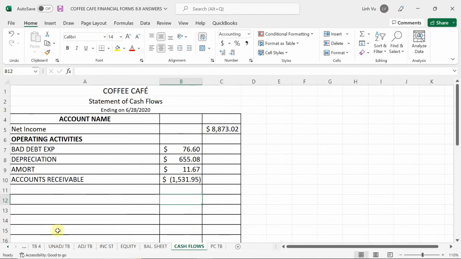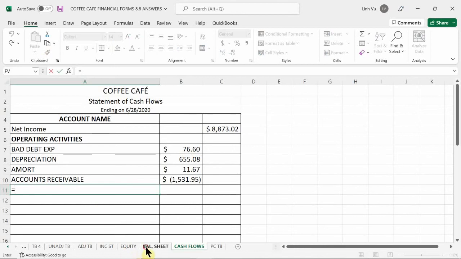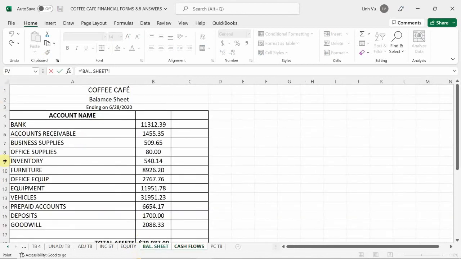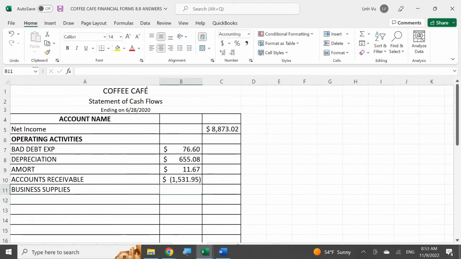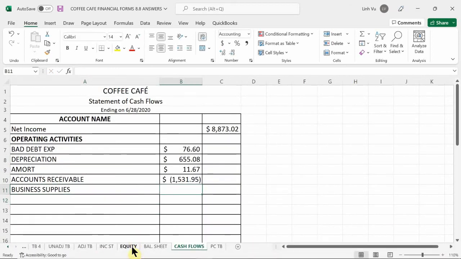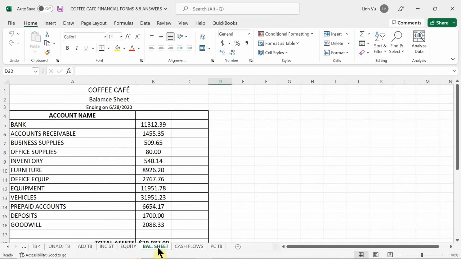All right. So now the next thing here, let's take a look at my balance sheet. The next current asset I have here is business supplies. I still have business supplies worth $509.65. Now, is this cash that I actually have, or is this cash I already spent to acquire the business supplies?